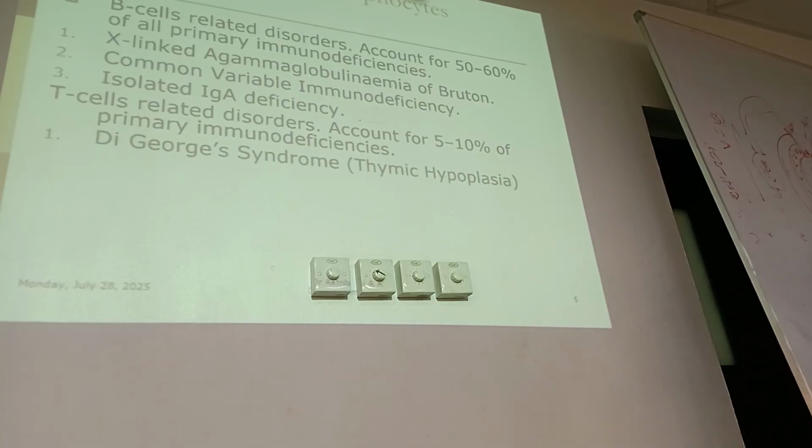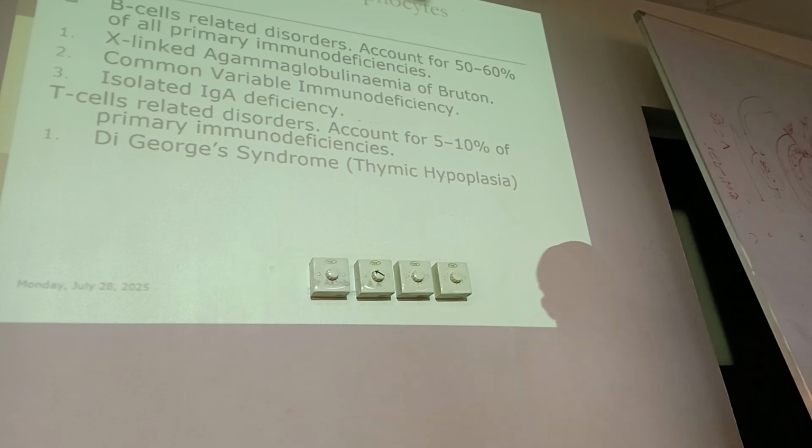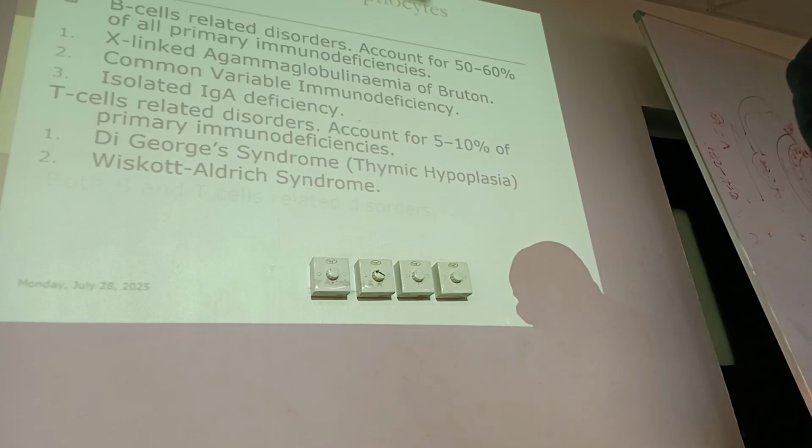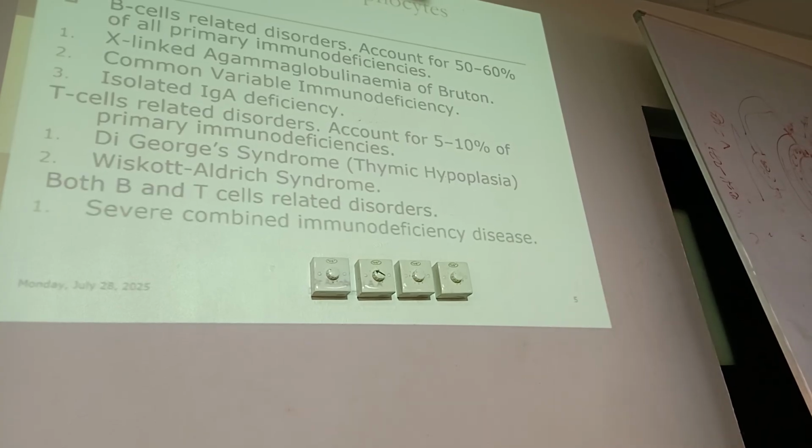DiGeorge syndrome is the first one we talk about, which is thymic hypoplasia, the thymus in the anterior mediastinum becomes hypoplastic. And then we talk about Wiskott-Aldrich syndrome, and then the combined B and T.